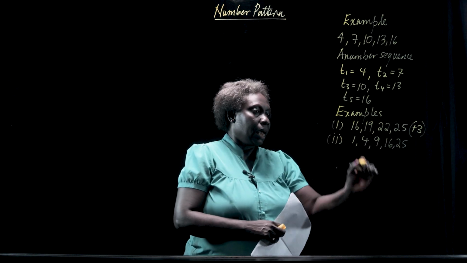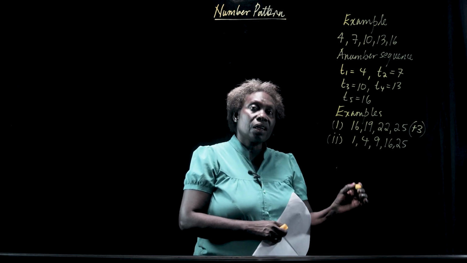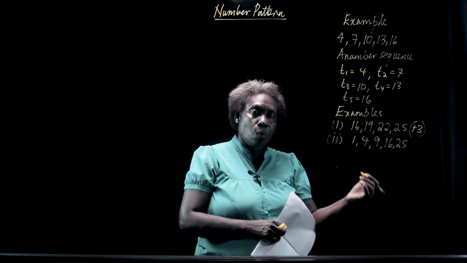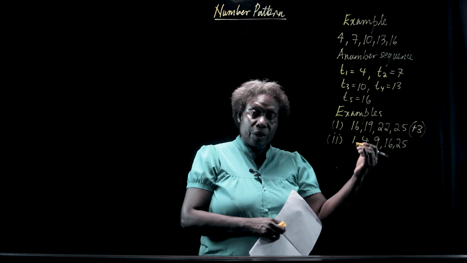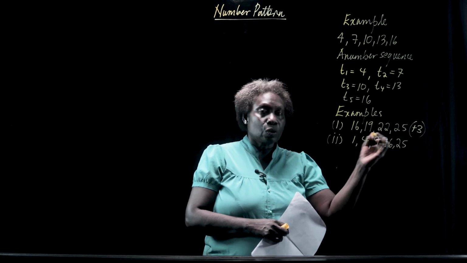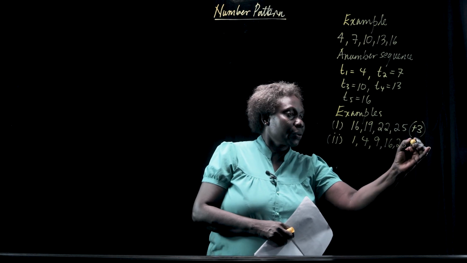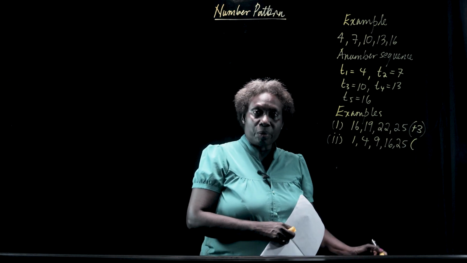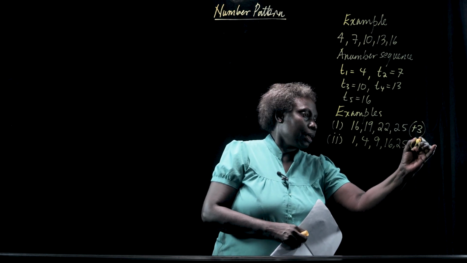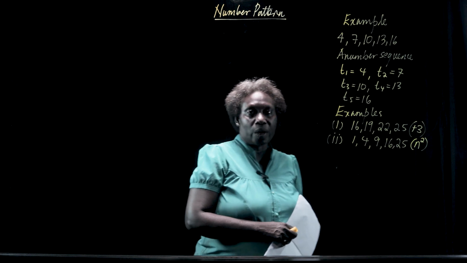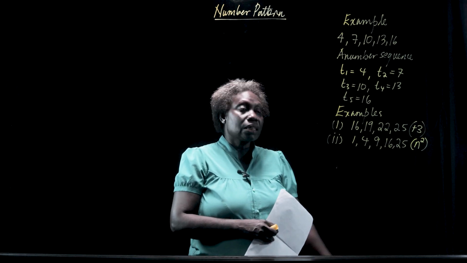These are the squares of the counting numbers or natural numbers 1, 2, 3 and onwards, and we know that a number is always represented by n. Therefore, this sequence is obtained by squaring each term, so we have n squared.